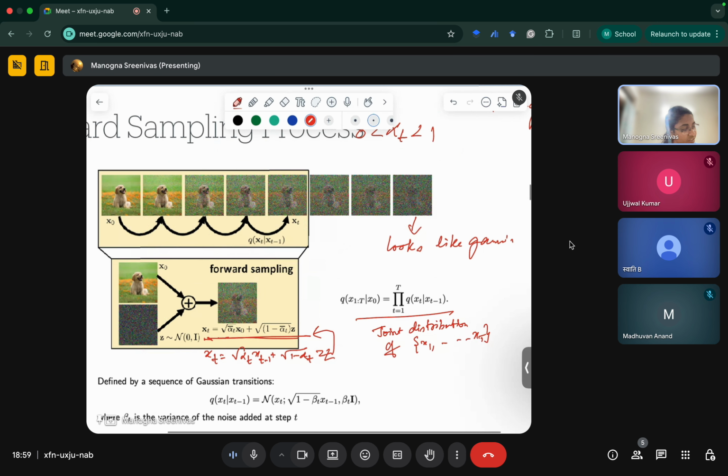These are all the latents, right? And this is in this form because of the Markov property. Because xt, my current step, only depends on the previous time step and not anything before. So this comes because of the Markov property.